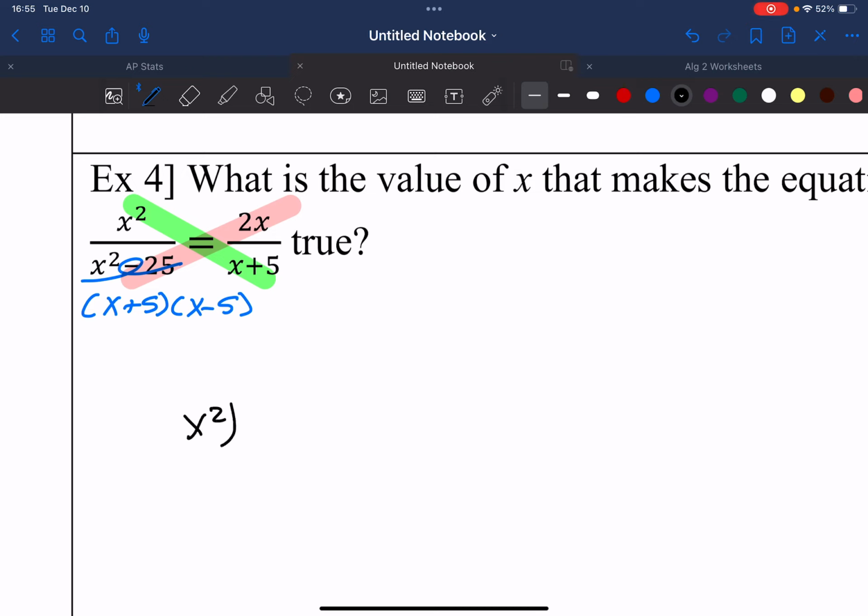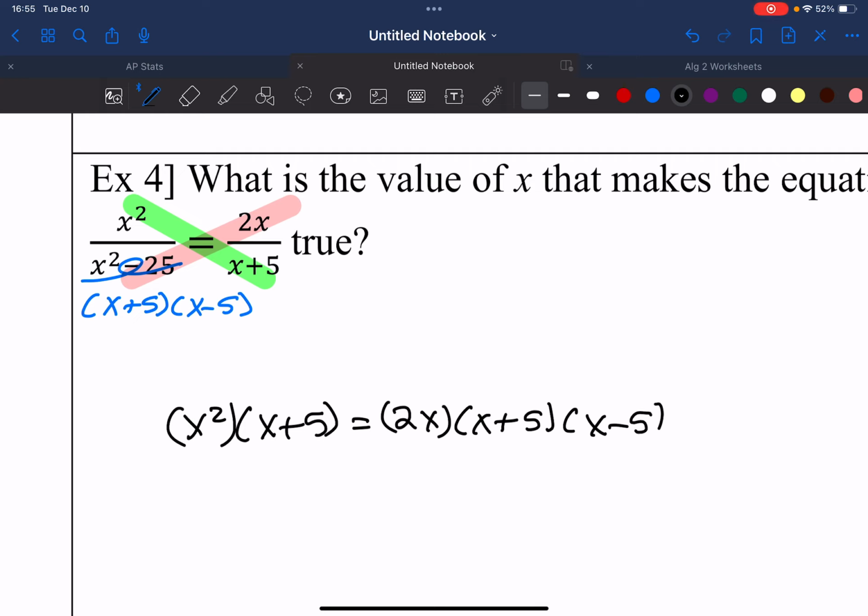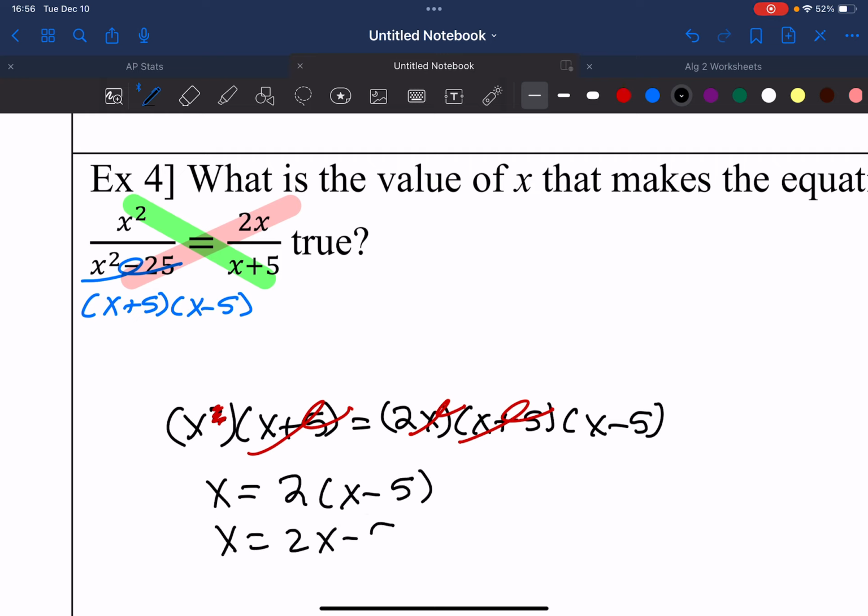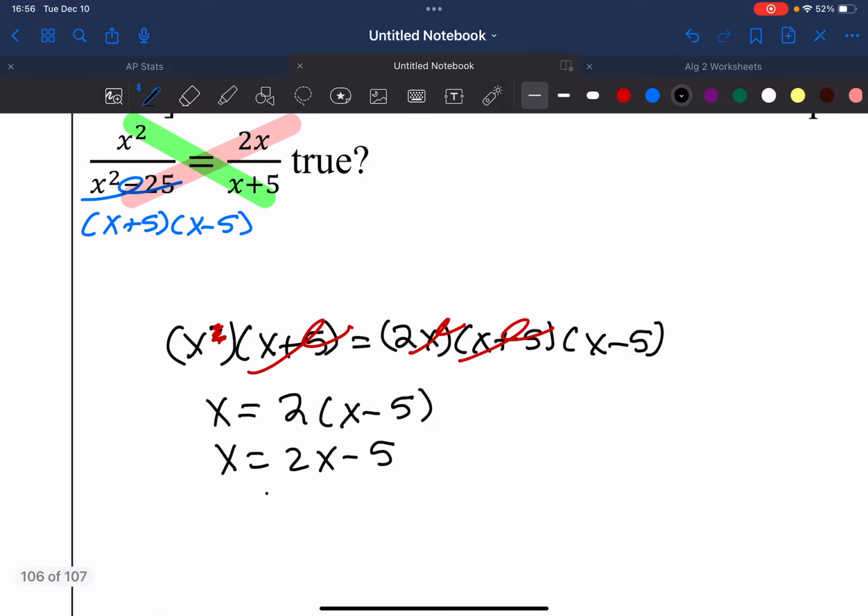So I have x squared times x plus 5 is equal to 2x times x plus 5 times x minus 5. I'm able to cancel out the x plus 5. I'm able to cancel out this x and one of these x's, so I'm just going to cross off the square. So then I am left with x is equal to 2 times x minus 5. So I have x is equal to 2x minus 5. Gonna subtract the 2x over, and I get negative x is equal to negative 5, which means that x is equal to 5.